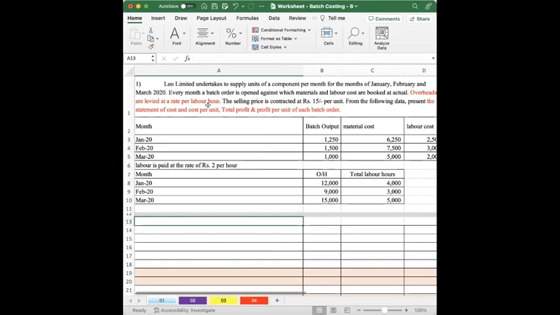Then you are supposed to find the cost per unit, total profit and profit per unit of each batch order. Clear? Now read the question again.